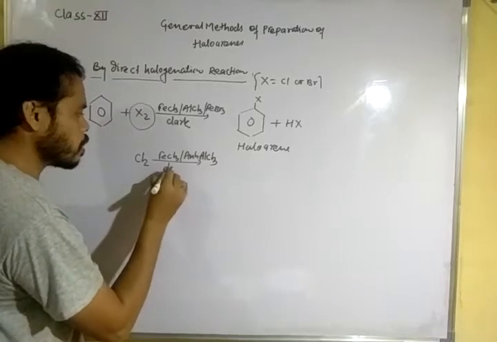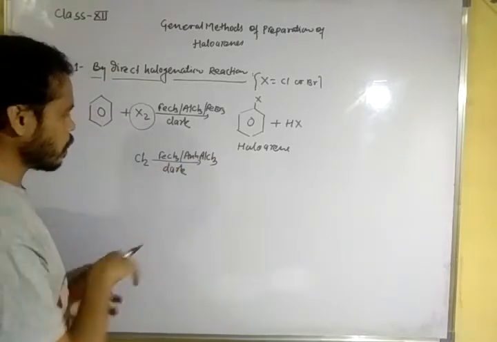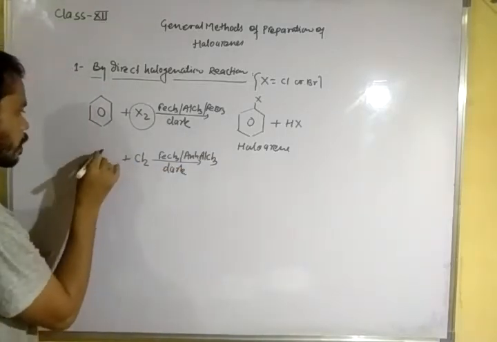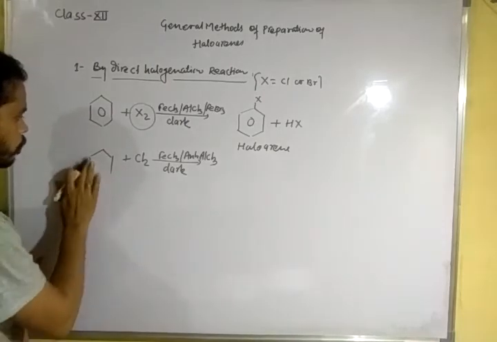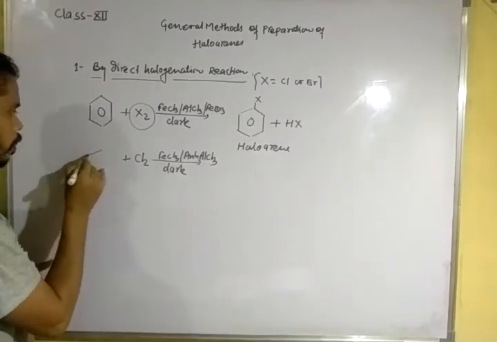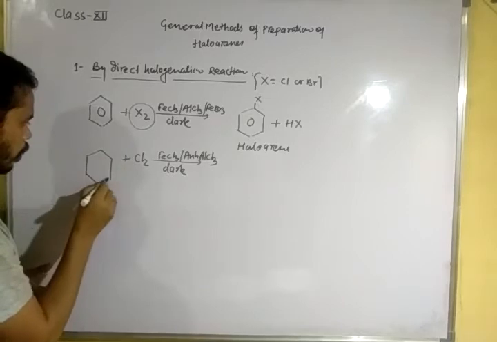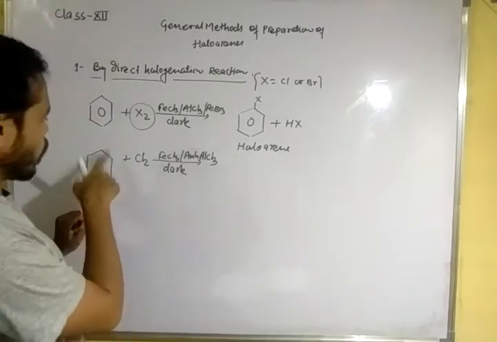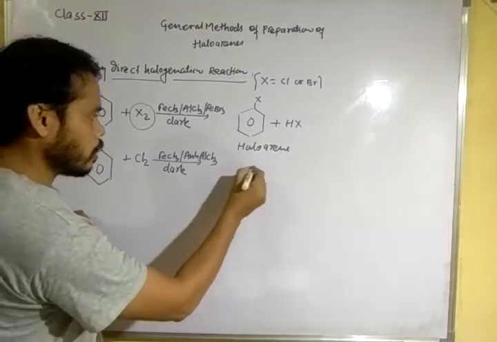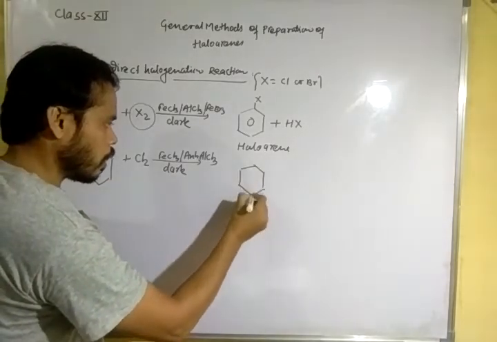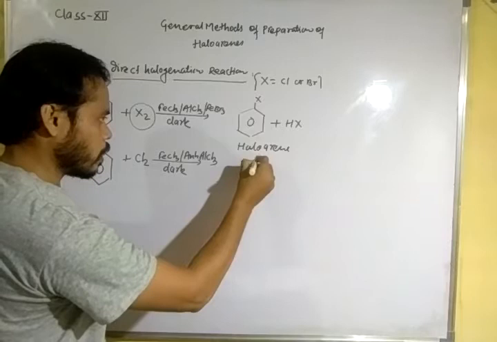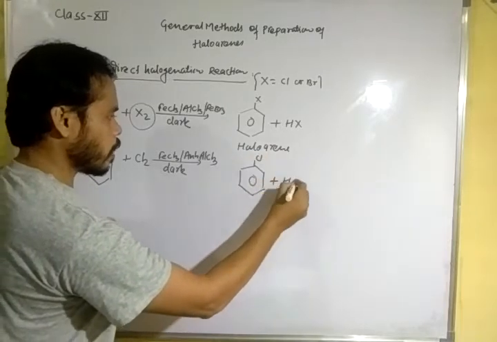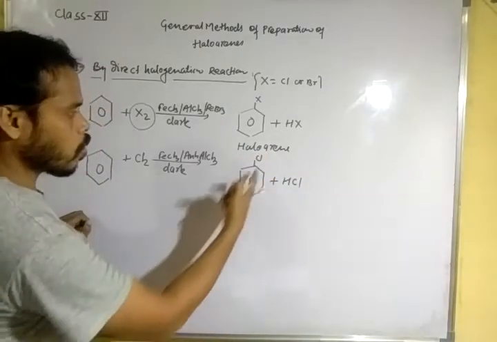The condition is dark. This reaction should be in dark, with benzene like this. Chlorine will substitute the hydrogen from the benzene nucleus and give the electrophilic substituted product like this, with HCl as a byproduct: chlorobenzene.